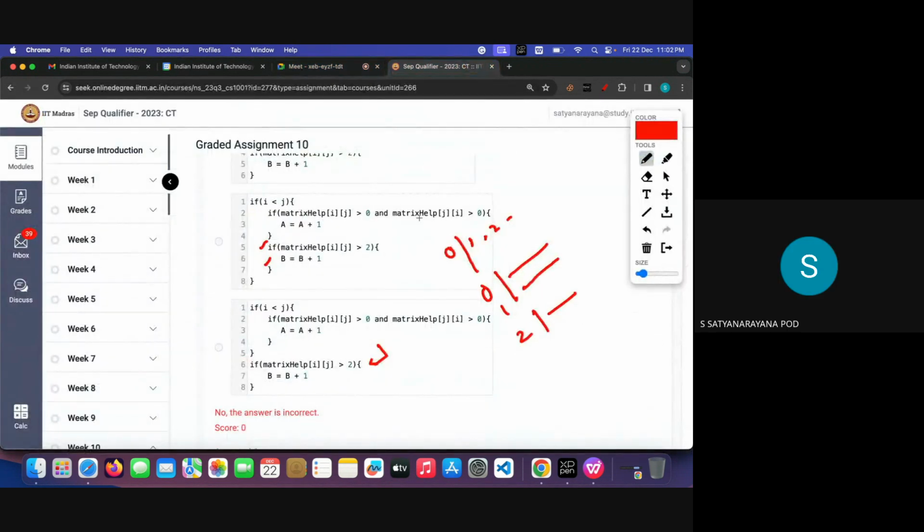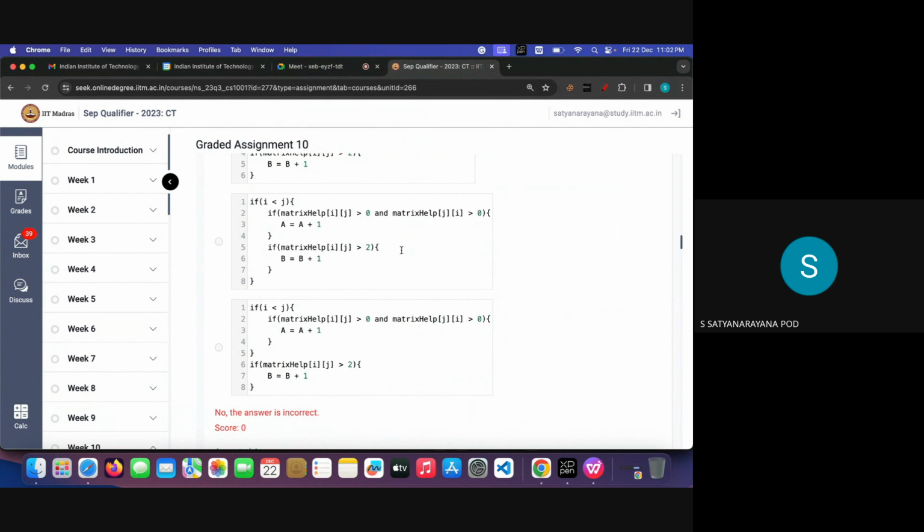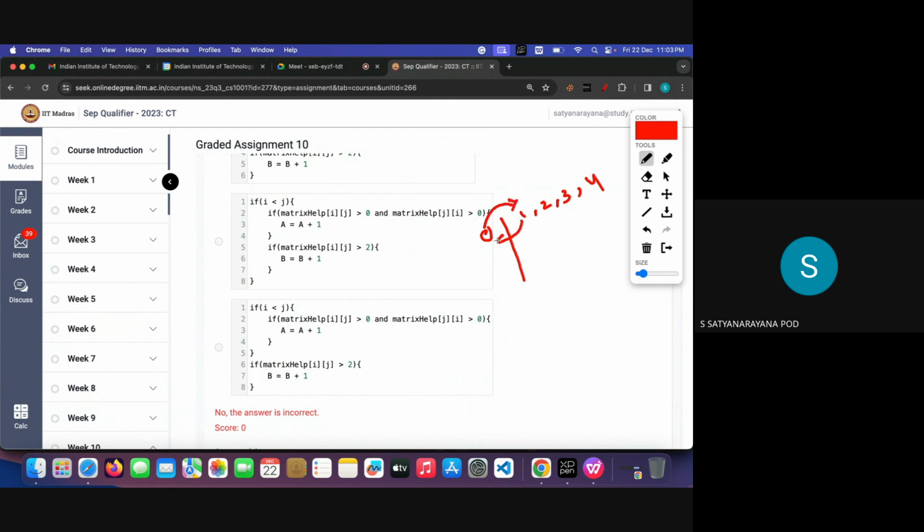See, in these two options C and D, why did they put that if condition inside in one and outside in the other? If they write it inside, the condition I less than J means the 0th student is checked against 1, 2, 3 and 4 in terms of 0 to 1, 1 to 0. Is it right? Yes, sir. At that time A is increased.